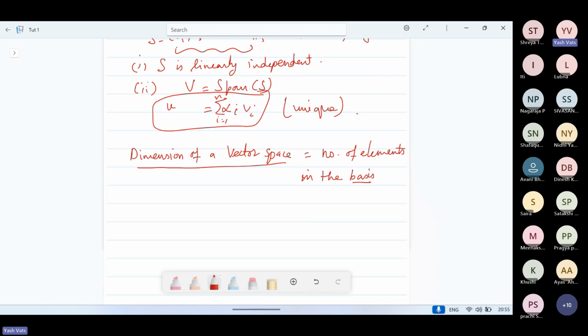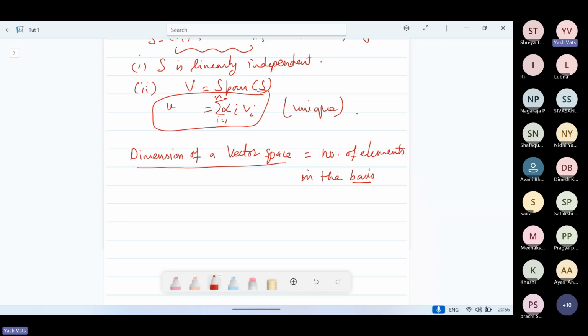Is the basis unique? No, a basis can be many. The set of vectors which are linearly independent and span a particular vector space can be different, but the number of elements in a basis is always the same.